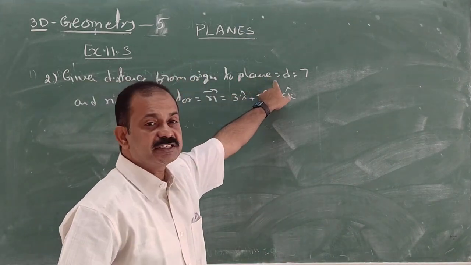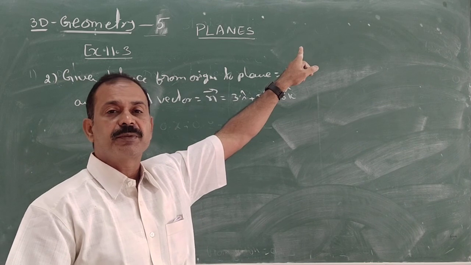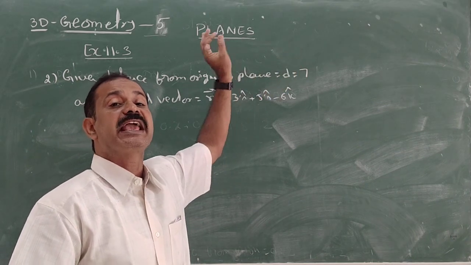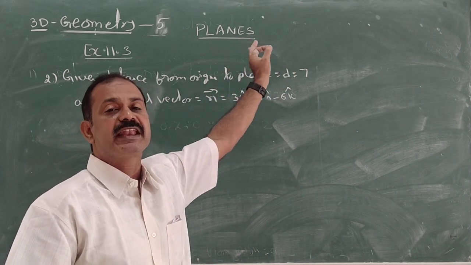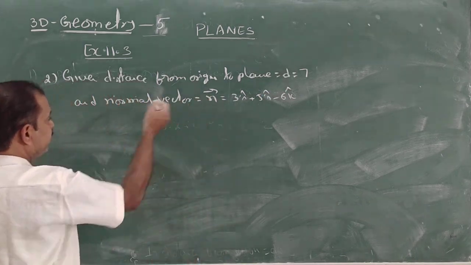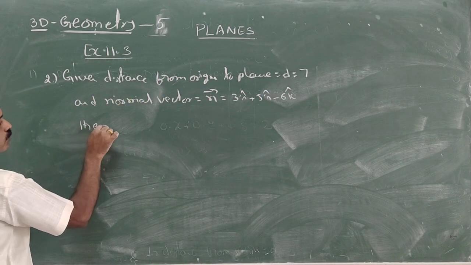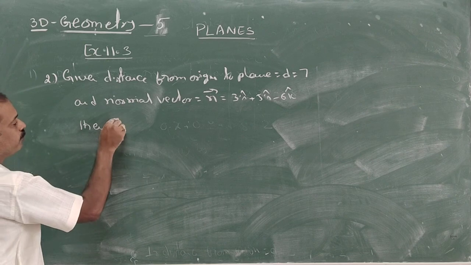Whenever perpendicular distance is given, the equation of the plane is r dot n cap is equal to d. So when n is given, find out what n cap is. How do you find this?